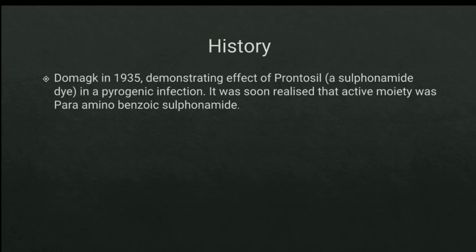So Domagk experimented on how to treat a pyogenic infection with Prontosil. He found that the active moiety was para-aminobenzene sulfonamide. From it, they discovered sulfapyridine, which is the first sulfonamide to be marketed, in 1938.